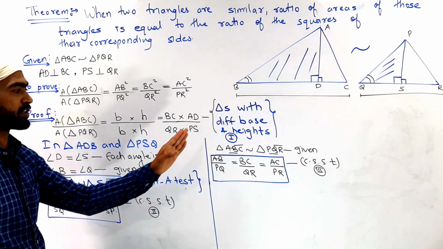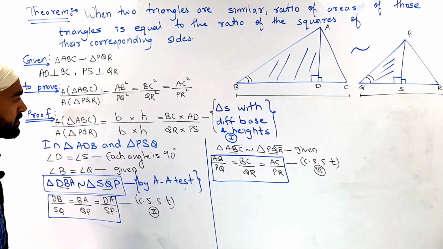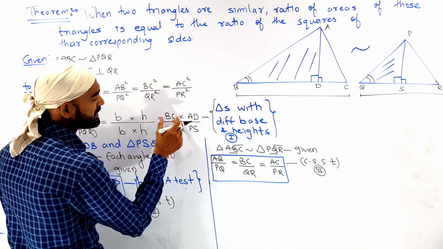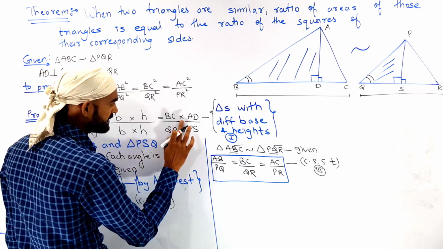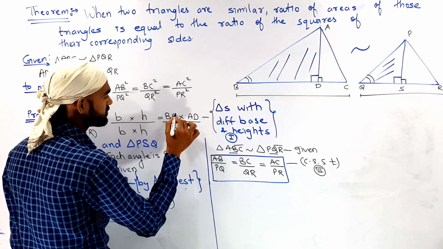Now let us compare equation 1, equation 2 and equation 3. Look, in equation number 1, we have BC into AD, so we can write this as BC upon QR and AD upon PS.